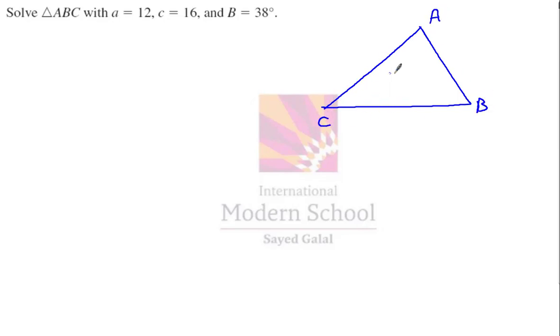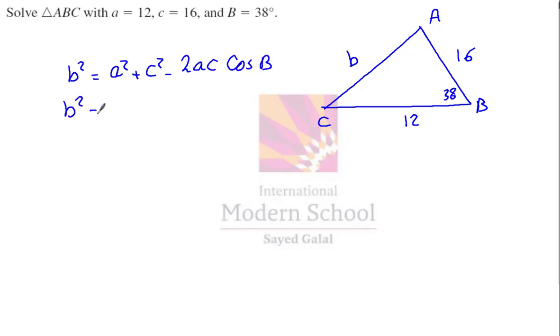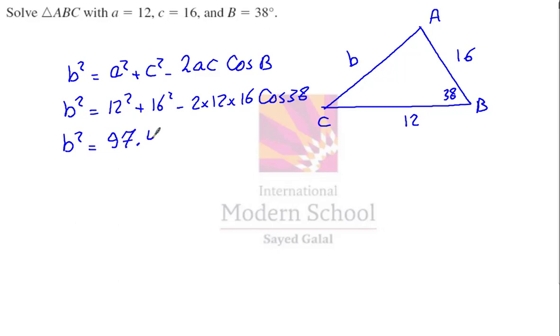Then I can find the length of b. b squared equals a squared plus c squared minus 2ac cosine B. Then b squared equals 12 squared plus 16 squared minus 2 times 12 times 16 cosine 38. Then b squared equals 97.4. Then b equals root 97.4, which equals 9.87.